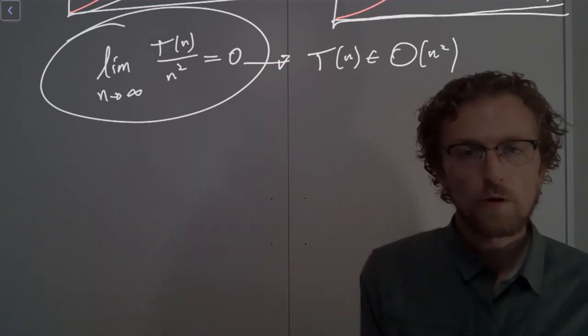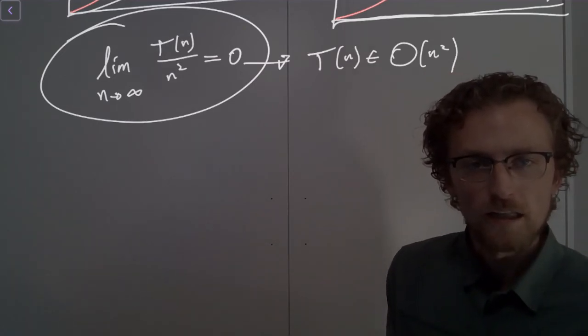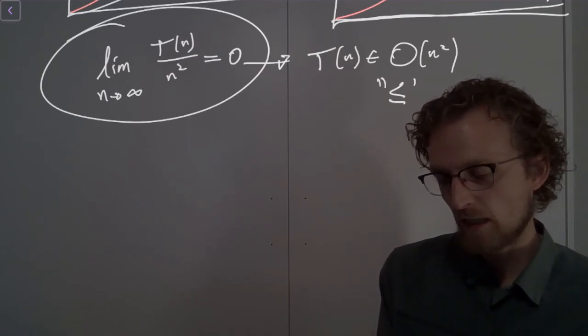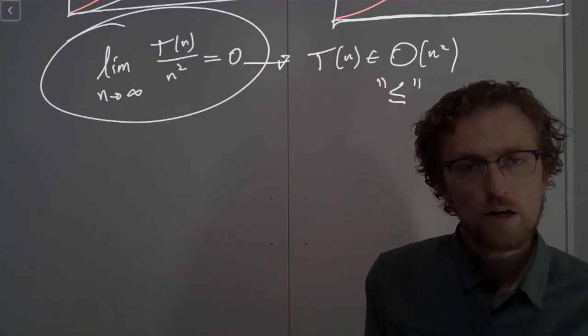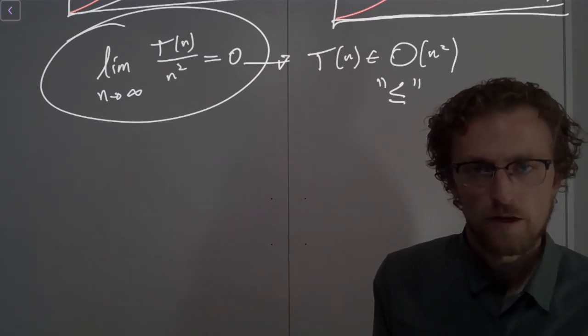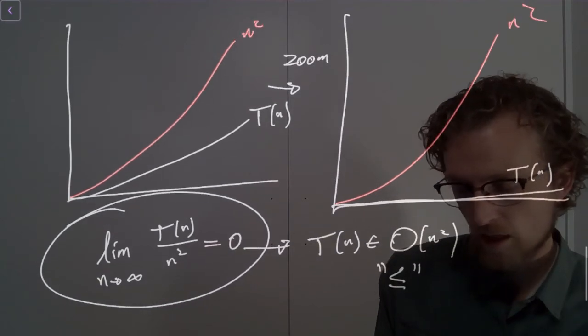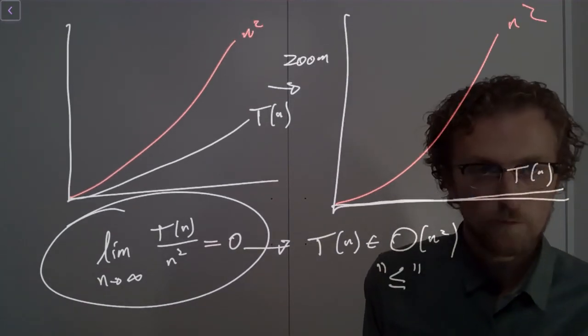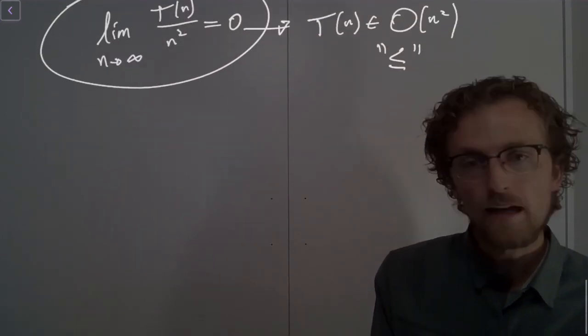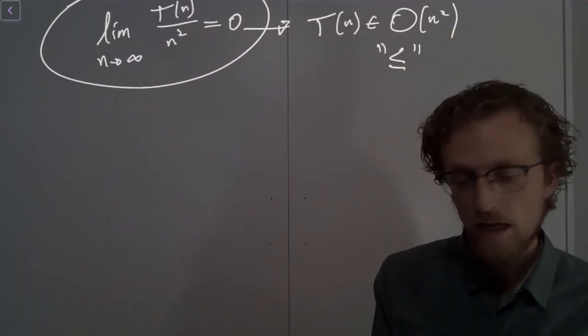Remember that the big O means less than or equal to. So I'll put in quotes, this is like less than or equal to, and less than or equal to actually includes strictly less than. So if we have a situation like this, then what we can for sure say is that t of n is big O of n squared, and t of n is not big theta of n squared.